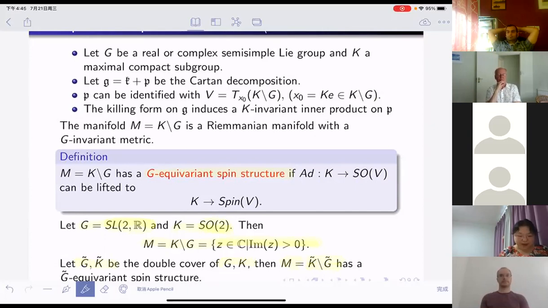So by passing to a double cover, one can always avoid saying this G-equivariant spin structure. Although it looks complicated, one can avoid it. And in fact, I'm going to always assume a G-equivariant spin structure in the rest of my lectures.